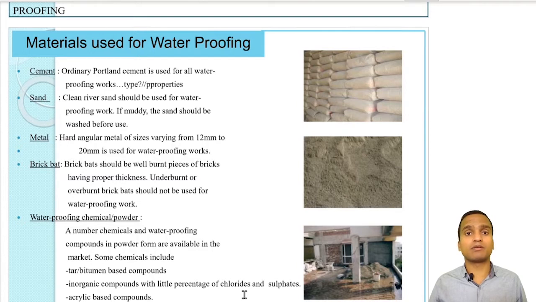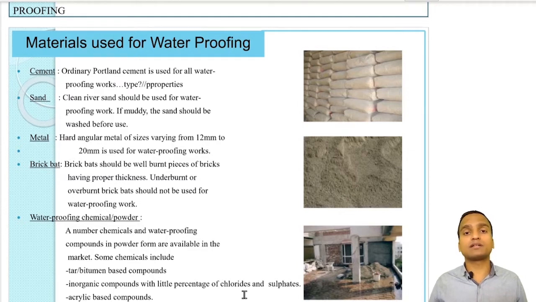So they should be well burnt, they should neither be underburnt nor overburnt. So we want well burnt pieces of bricks, okay, that we normally use, and they should have proper thickness also, okay. And those brick bats can be used for the waterproofing treatment also.